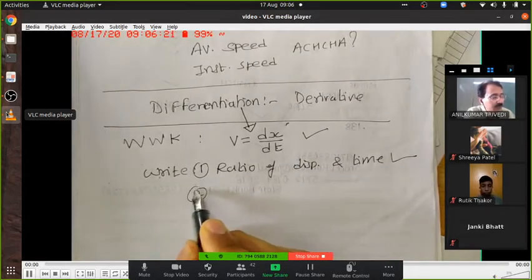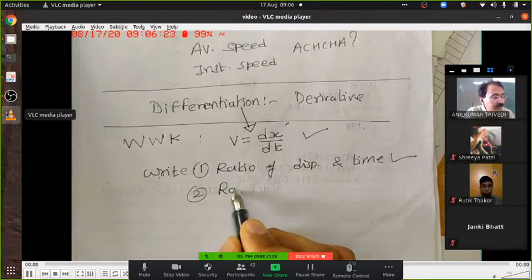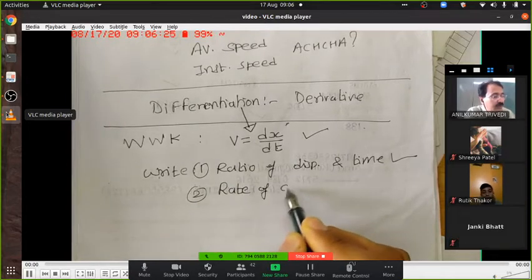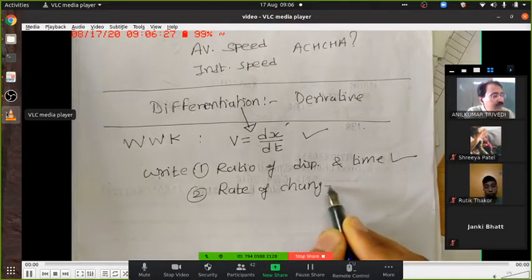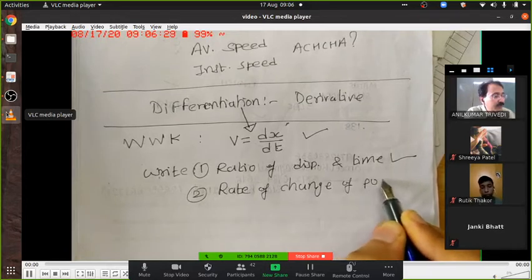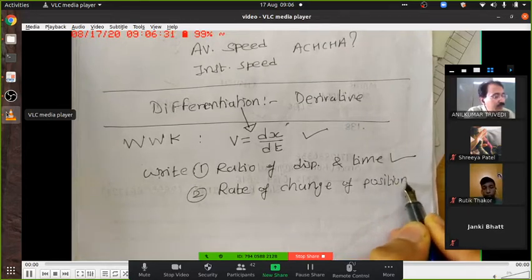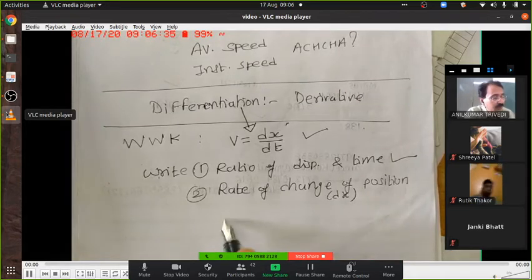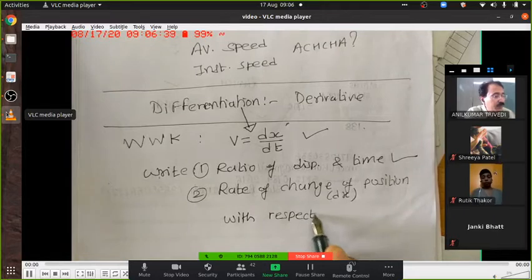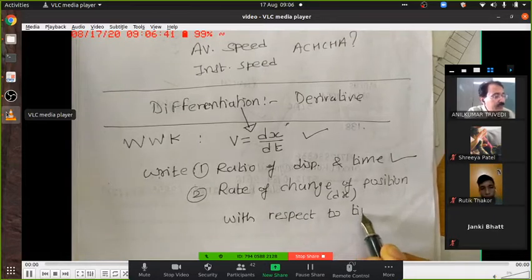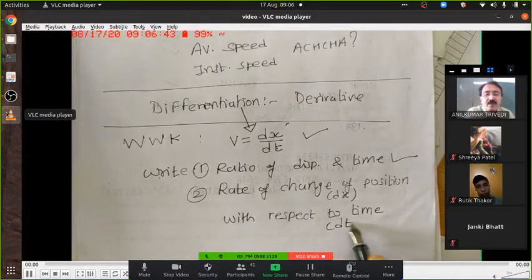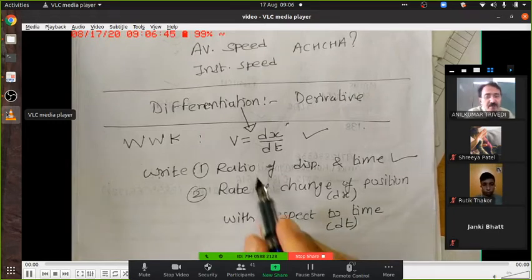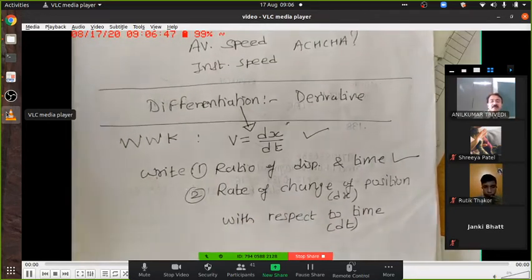It tells rate of change of position. Now rate of change of position means dx with respect to time. Time means dt. So statement 1 and 2 are one and the same.